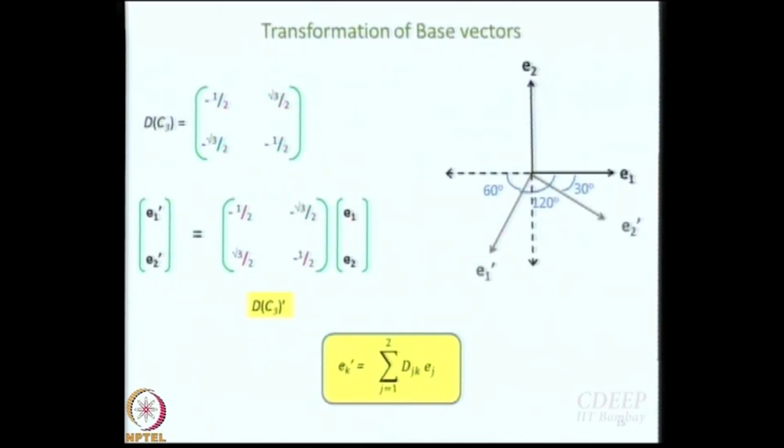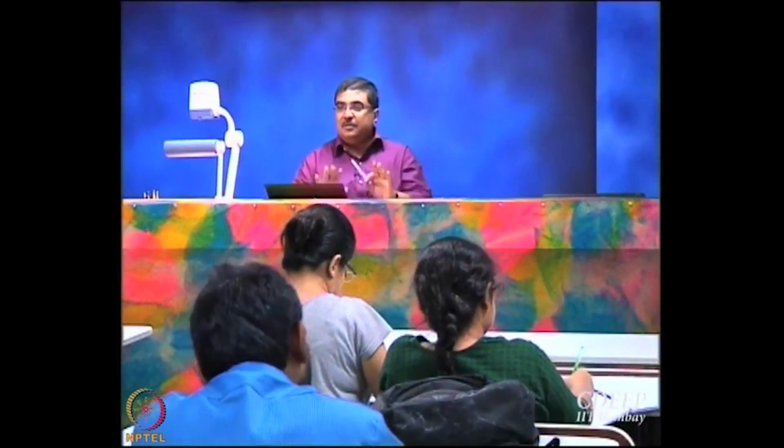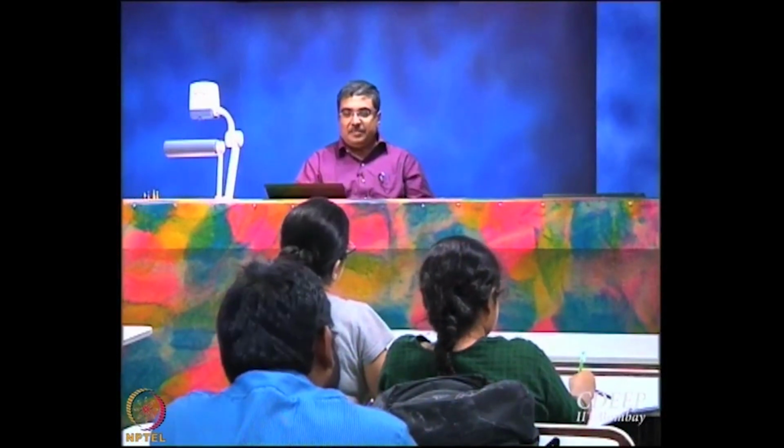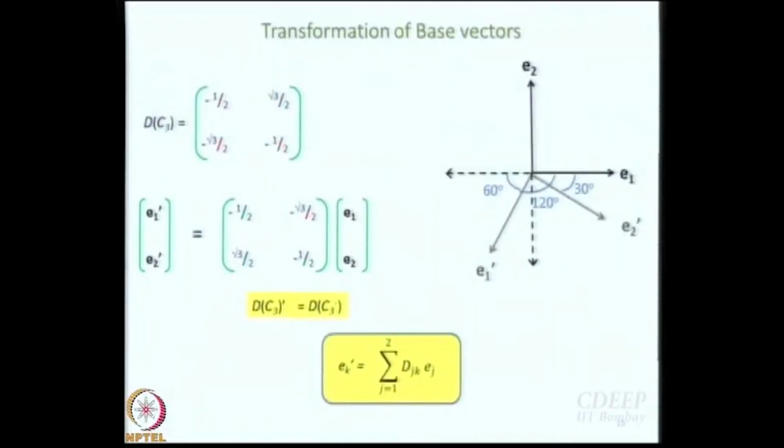Position vector, can I say that? It is a position vector that is moving, xyz is changing, that means position vector is going from here to here, right, like this. Now, we will come back to this, but before that let me write this. DC3 prime is nothing but DC3 inverse. We learned that, right, DC3 inverse.